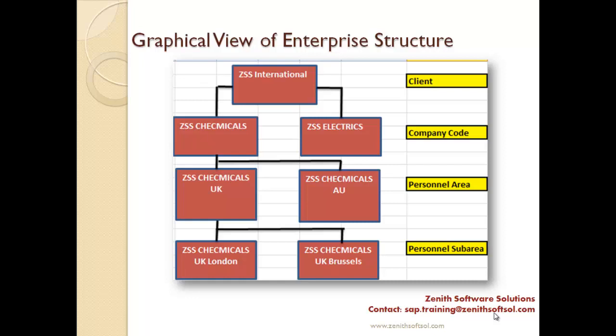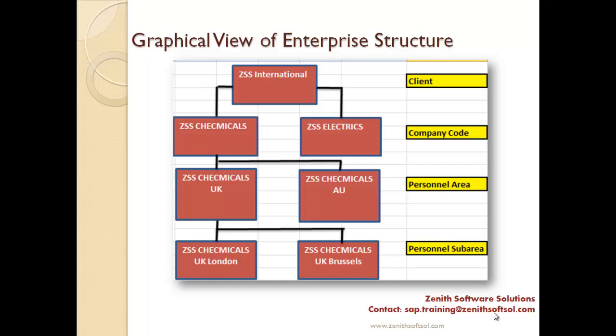Now again under UK, there are two different personal sub areas, like ZSS Chemicals UK London or ZSS Chemicals UK Brussels. In my example, in the previous slides, I have taken the example of US. So if it is US, then under US I have given the example of Chicago and Houston.